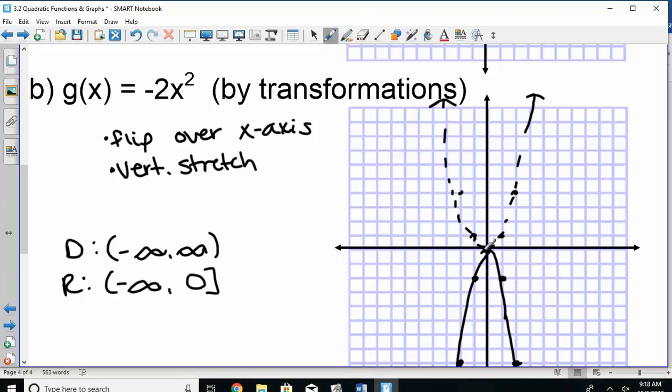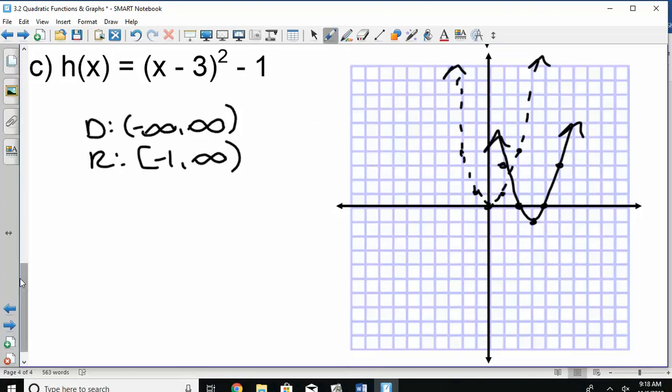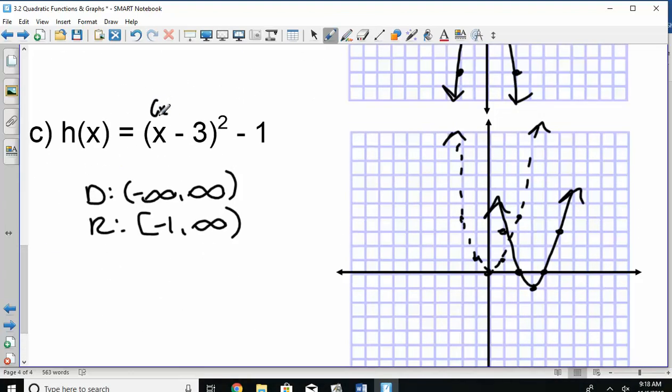Is that what we got on our graph? On C, if you think about (x minus h) squared plus k, it means our h is 3, our k is negative 1. Is that where we got our vertex? Yeah. So you could have told the vertex just from looking at it, or you could draw a quick sketch. With those transformations, it doesn't take long.